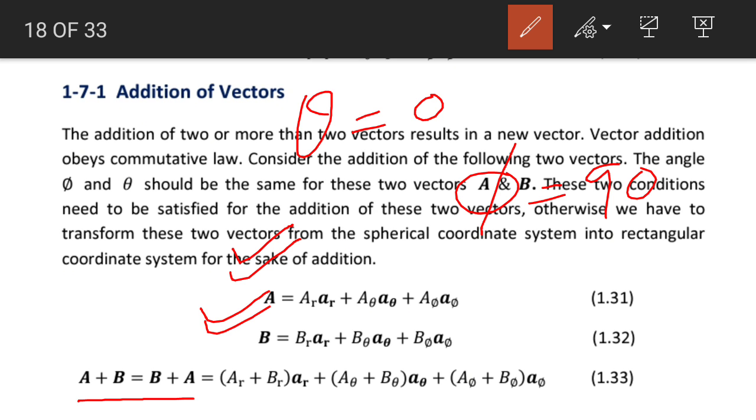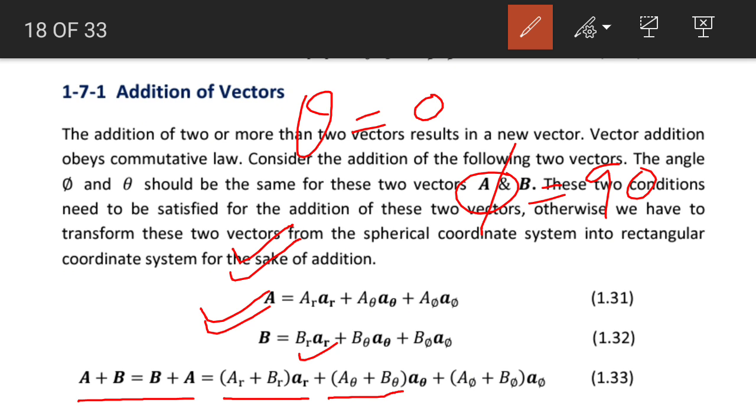We can change the order of these two vectors. The result does not change. So if we add these two vectors, the component of the resultant vector in the direction of the unit vector ar will be equal to ar plus br.